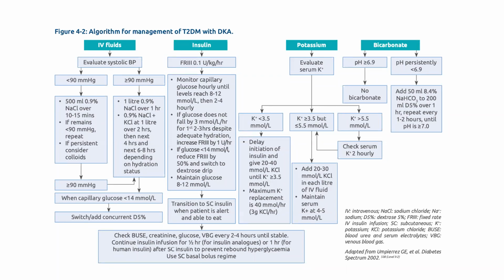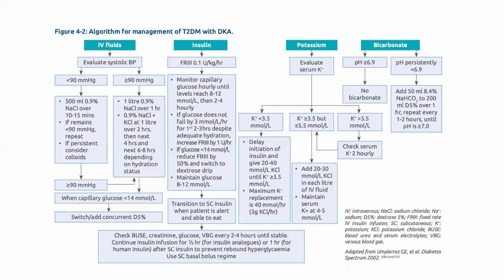If the glucose does not fall by 3 millimole per liter per hour, because that's our aim of management, right, we can increase the infusion by 1 unit per hour. But ensure that it does not fall more than 3 millimoles per hour, because it might bring forth cerebral edema in the patient. So we need to be careful regarding that.